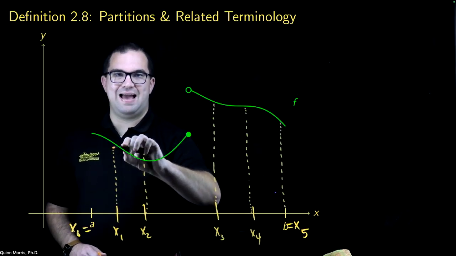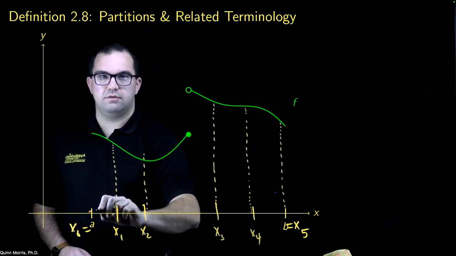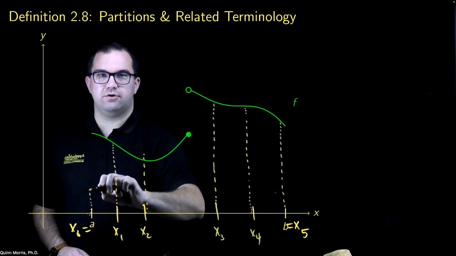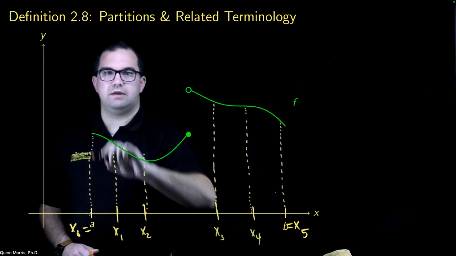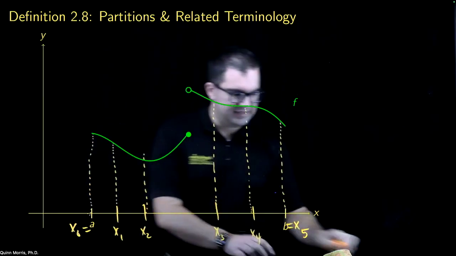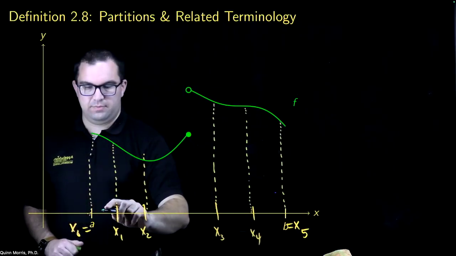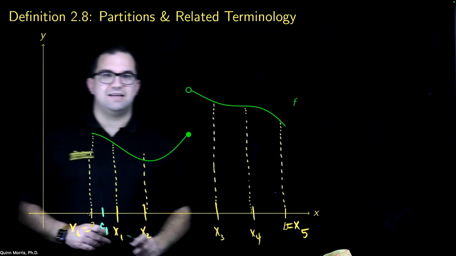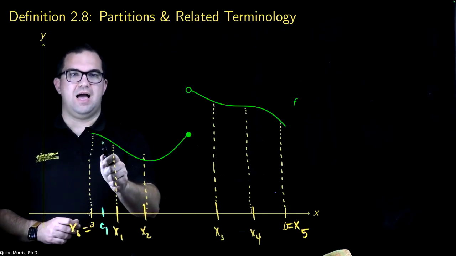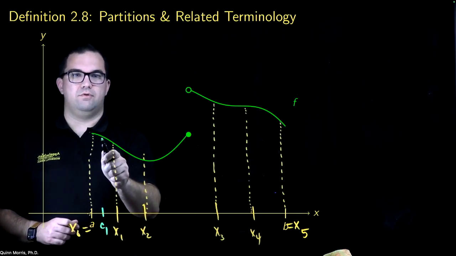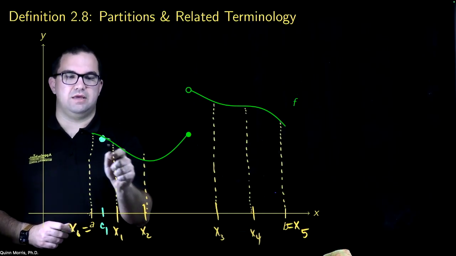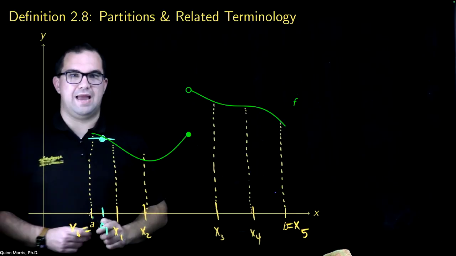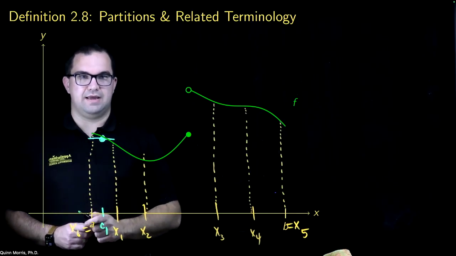Now, what about those tags? The tag is going to tell me where to pick the height of this rectangle. So C1 sits here. I'm going to use that tag information to create the height of this rectangle.